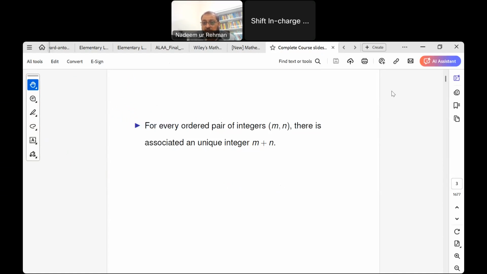So it just said that every pair of integers m and n has an associated unique integer.